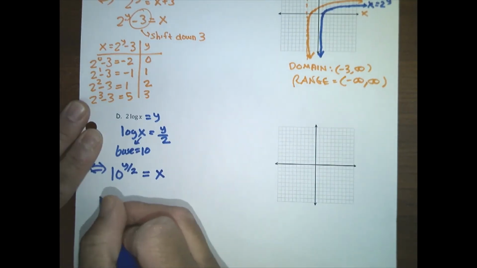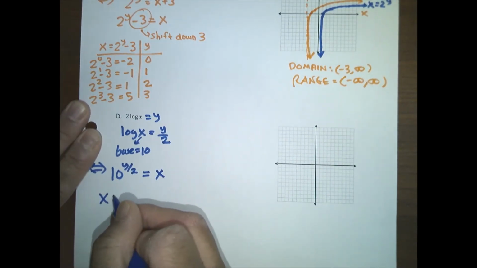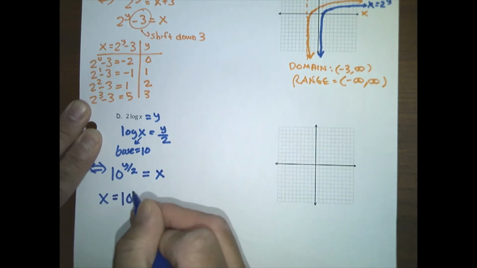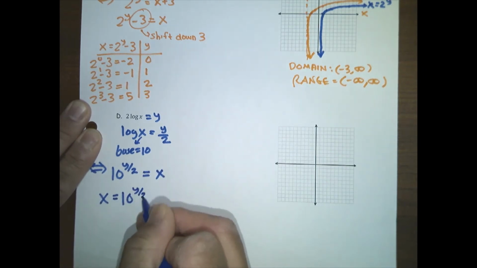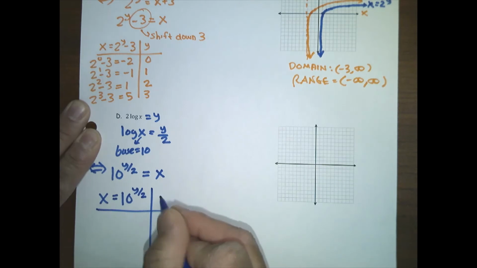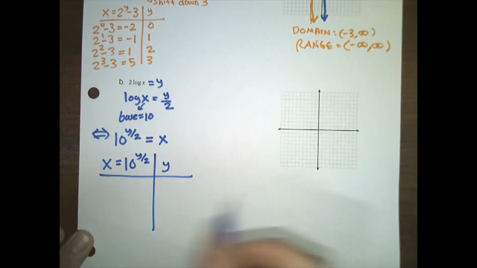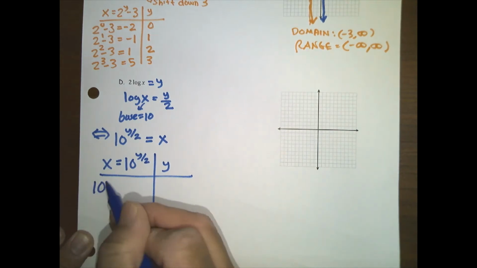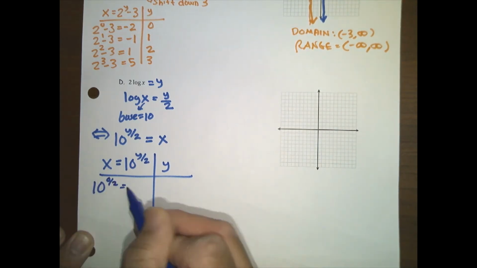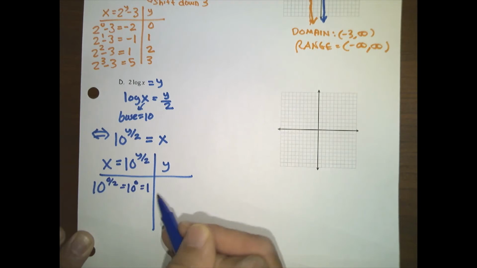So if I make a table, x is equal to 10 to the y over 2 power, and we have y here. If I have a 0, all right, so 10 to the 0 over 2 is 10 to 0, which is 1.